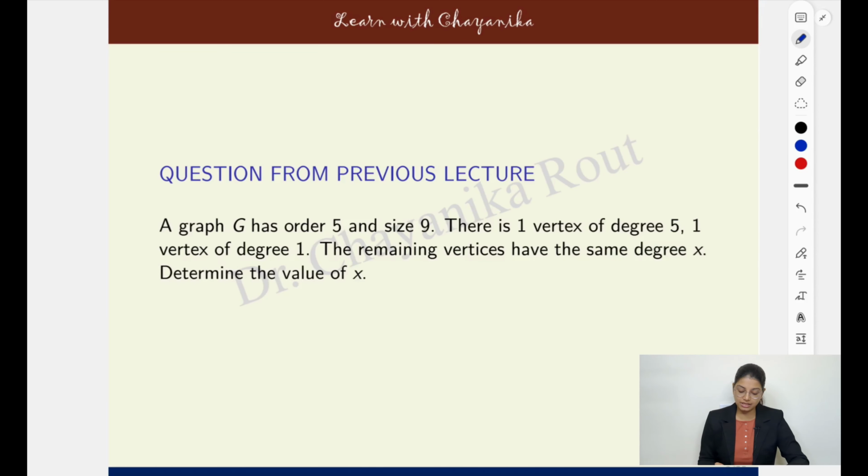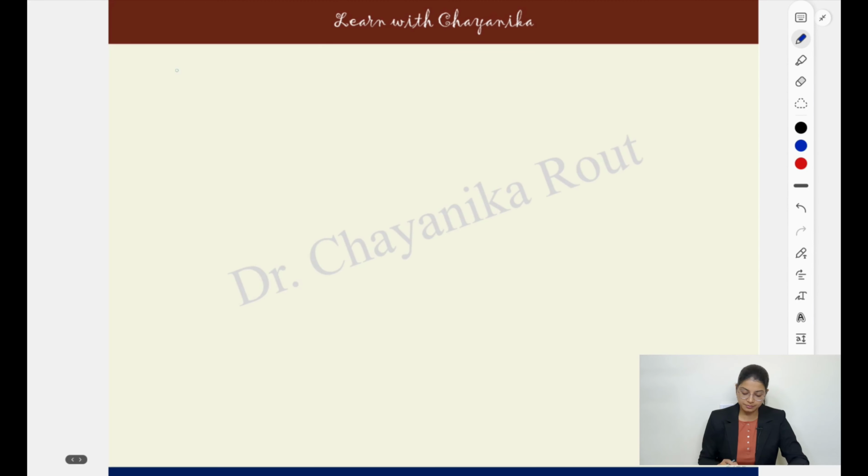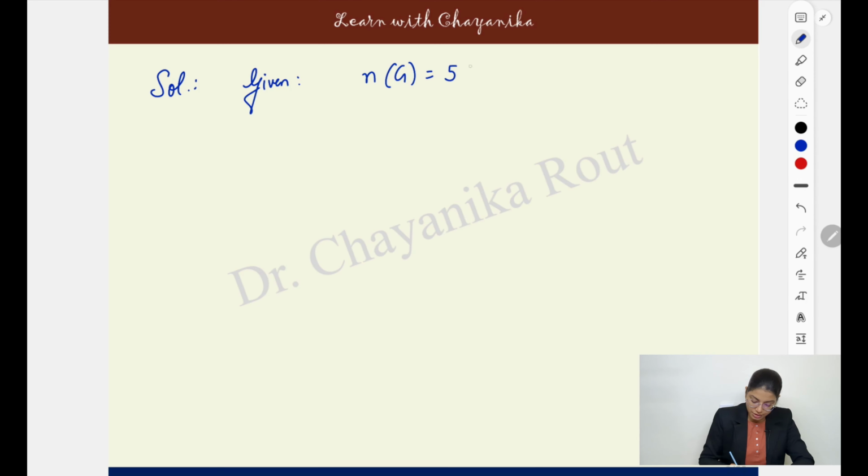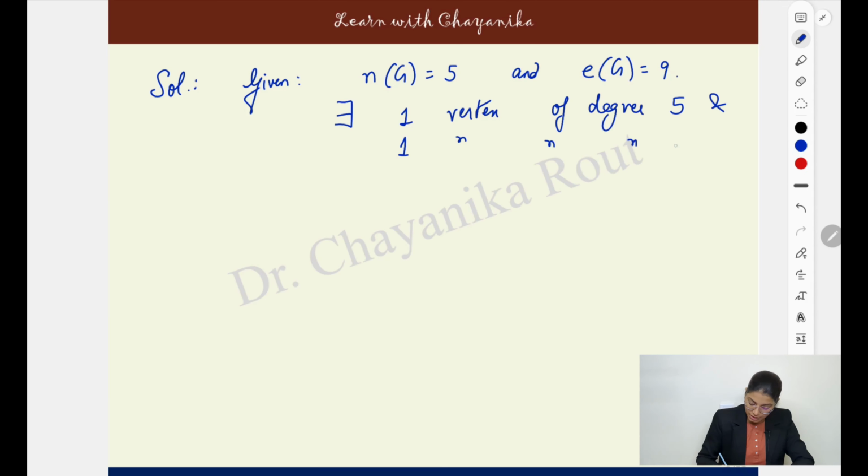So, let us list down the given information from the question. We have been given a graph whose order is 5 and whose size is 9. There is one vertex of degree 5 and one vertex of degree 1, and the remaining vertices, now let us count here how many remaining vertices we have.